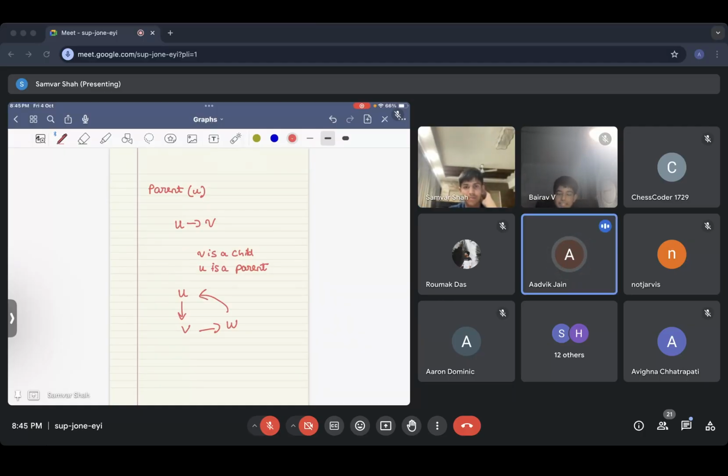Basically, the difference is that when we're visiting from W to U, U is not the parent of W, it's not V. The parent of W is actually V. That's why we found the cycle. Exactly, that's a very nice way of explaining it. Because we found V to W, we can say that the parent of W is V. And now when we move from W to U, the problem which Bhairav earlier pointed out is not hit again.